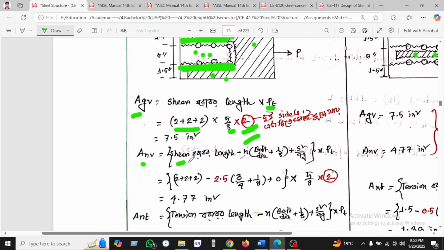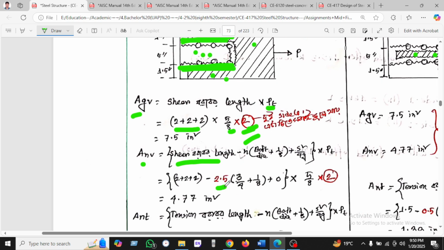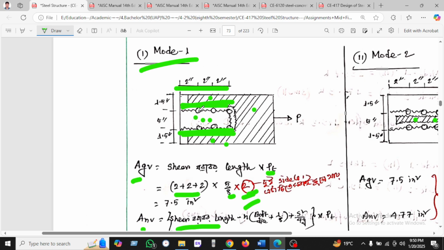ABG, which is the shear length, we have seen here: 2 into 2 into 2, and 2.5. Why 2.5? If we consider this, the whole diameter will become, and this half diameter will become. On a larger scale the figure will be like this: this is full, and this is half.